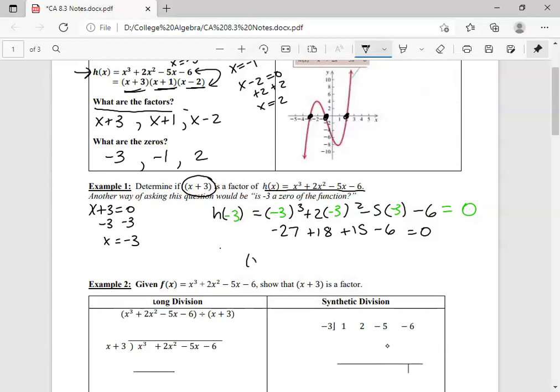So x plus 3 is a factor. So that's one way for me to tell. So we started with x plus 3. We took the opposite of the plus 3, right? And we checked to see if the negative 3, which is our 0 there, gives us 0 when we plug it in. Okay, everybody good with that?